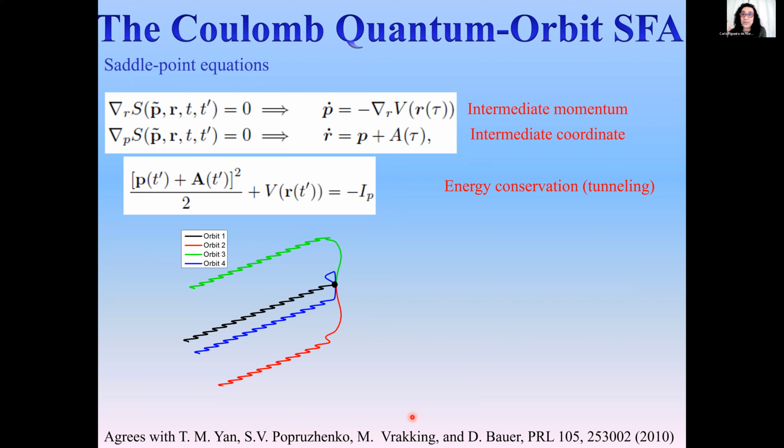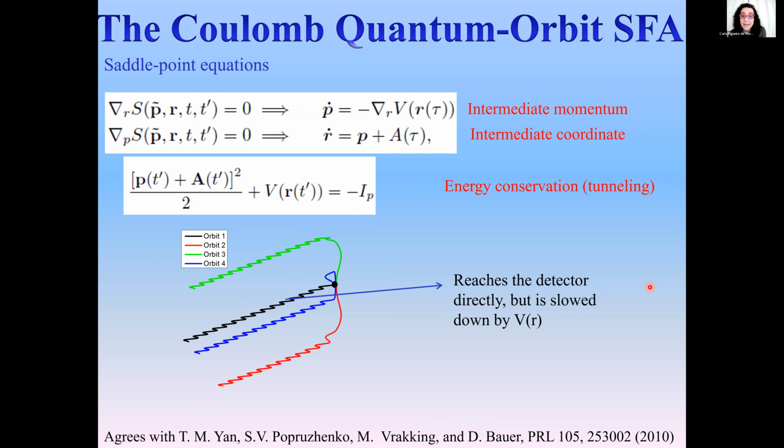And we were solving a boundary problem. We're not launching tons of trajectories. We're asking, given the final momentum, what does my initial momentum have to be? And we had to solve saddle point equations for the intermediate momentum, for the intermediate coordinate, and for the energy conservation and tunneling, but you have a binding potential and all sorts of things.